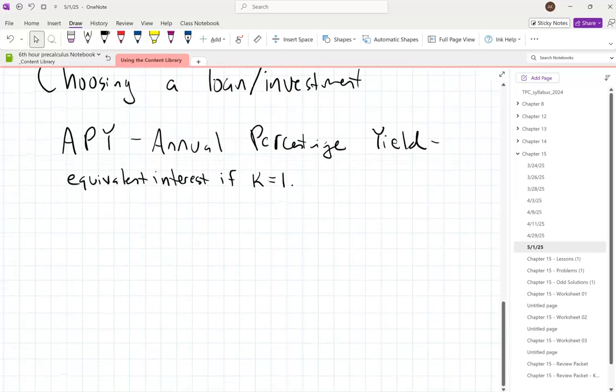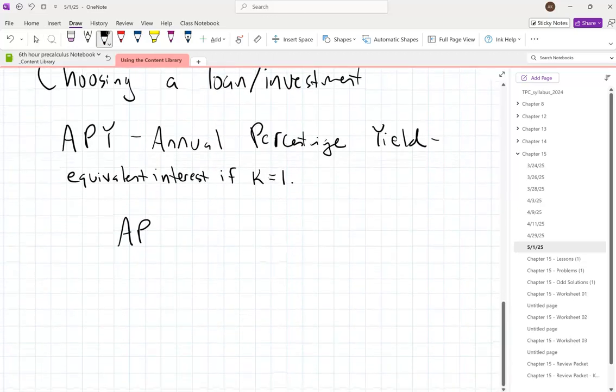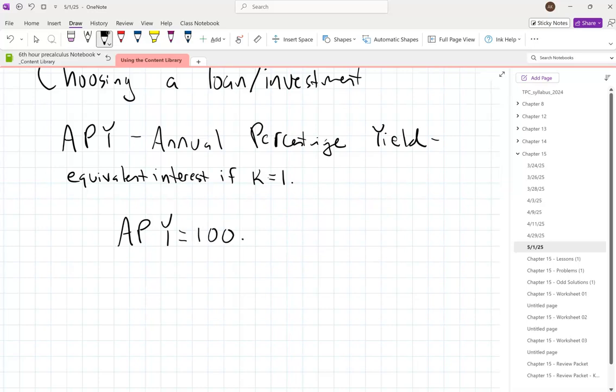So the formula, the trick to calculating an APY, is as follows.